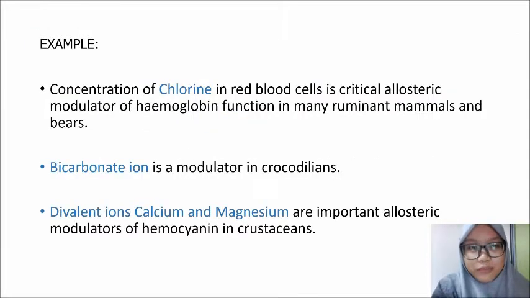For example, the concentration of chloride in red blood cells is a critical allosteric modulator of hemoglobin function in many ruminant mammals and bears. Other than that, the bicarbonate ion is a modulator in crocodilians. The last example is the divalent ions, calcium and magnesium, which are important allosteric modulators of hemocyanin in crustaceans.